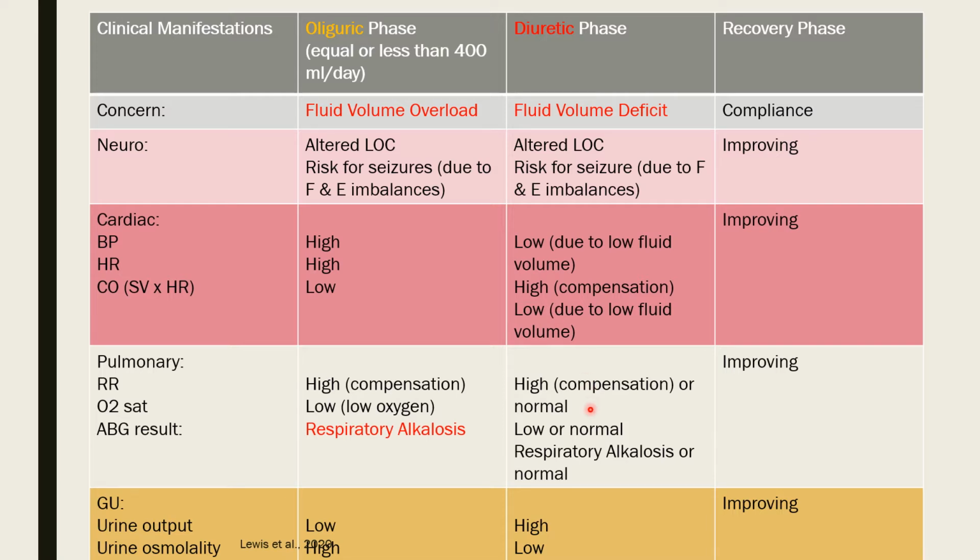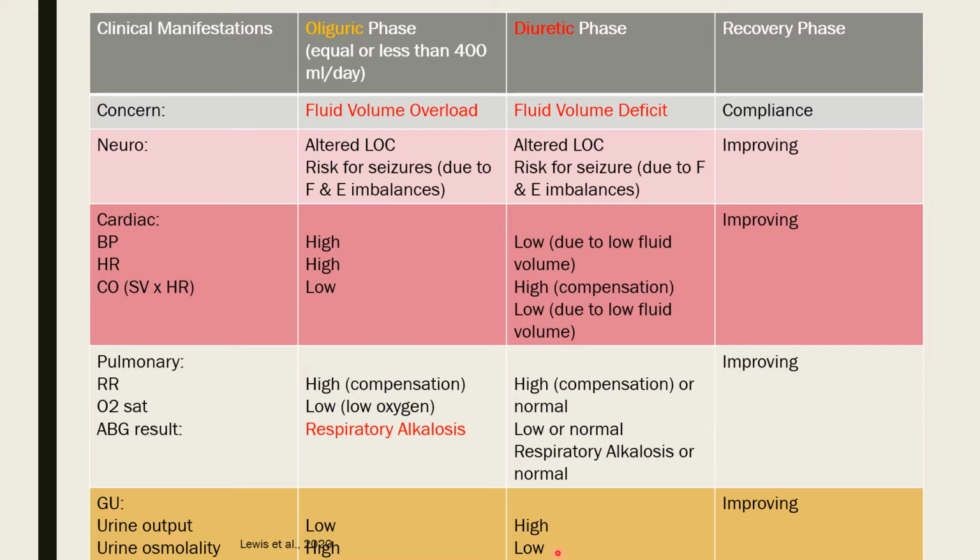Okay, now as part of compensation, since there's not enough volume, the respiratory rate is still high, or it can be normal, and the O2 sat might be low or it might be normal, and ABG may also be normal at this point. But when you check their urine output, since they're urinating a lot, urine output is high, but the concentration is very low.